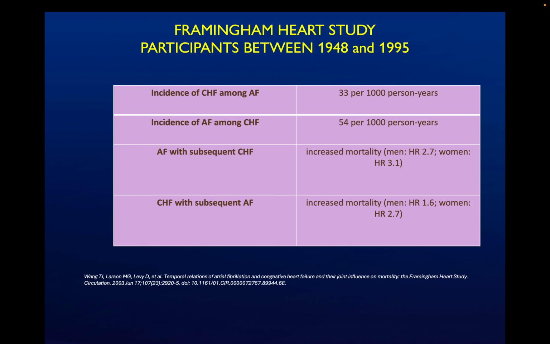And when patients with congestive heart failure developed atrial fibrillation, mortality again increased, with a hazard ratio of 1.6 in men and 2.7 in women. What is important to note is that women did worse when atrial fibrillation supervened.